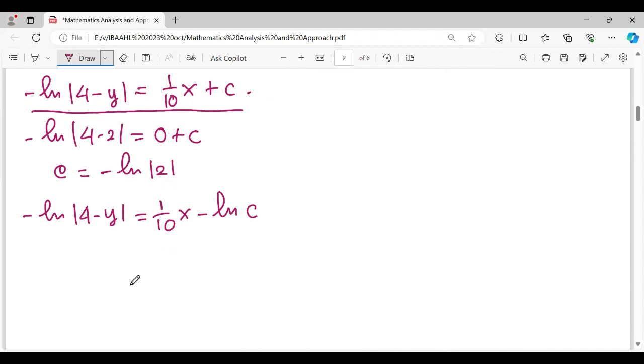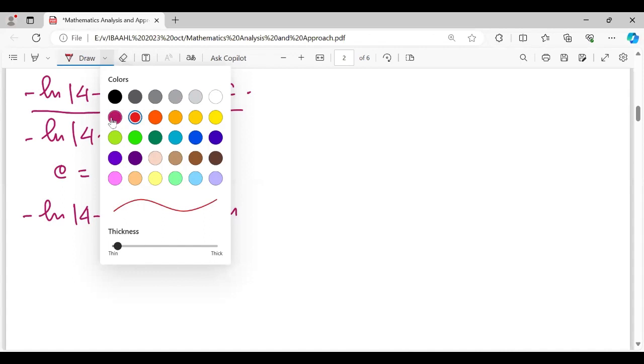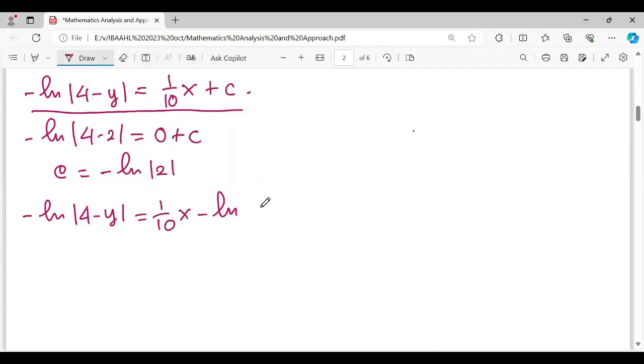Now we are going to prove that y equals 4 minus 2e to the power of minus x over 10.